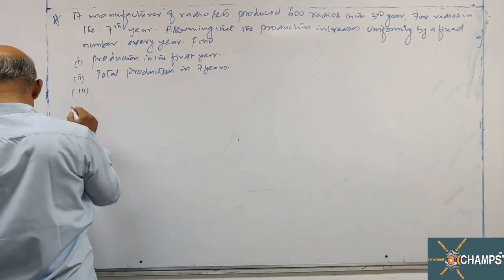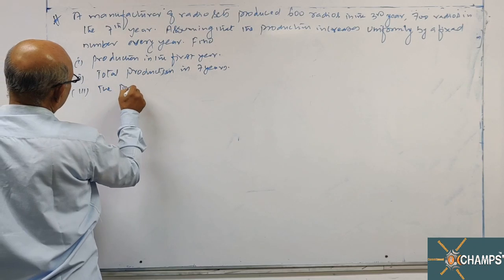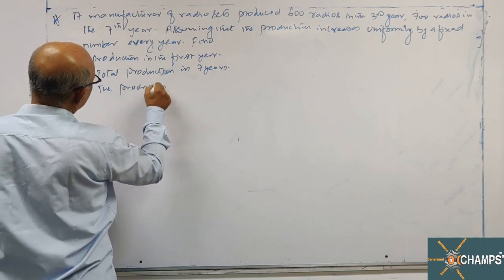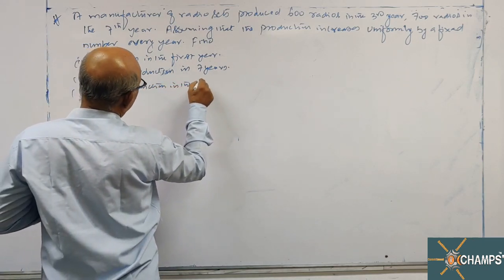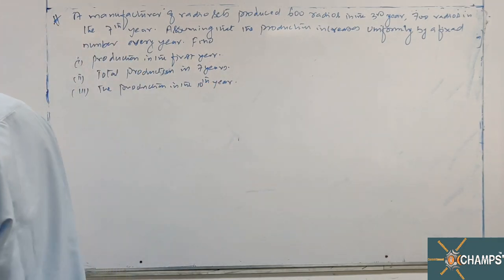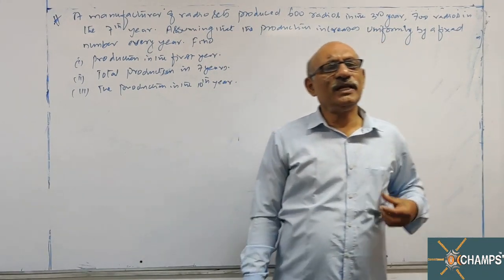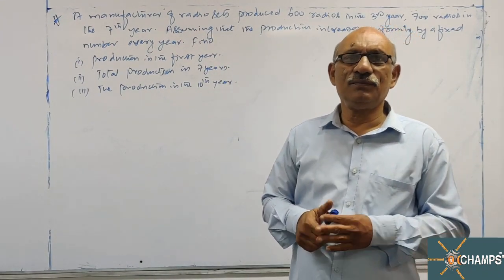Third question, the production in the 10th year. These are the 3 parts. Here for practice I am considering 3 parts, but in the exam they will ask you only 1 part.